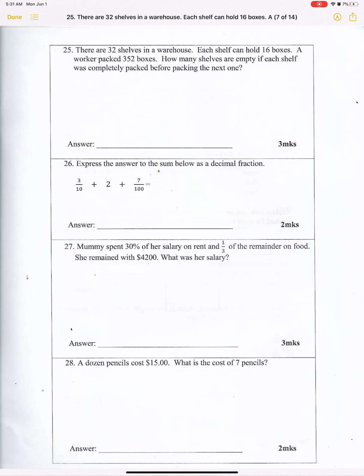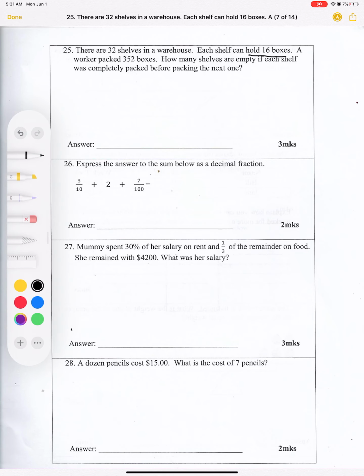So each shelf can hold 16 boxes, and the worker packed 352 boxes. So we're dividing 352 by 16. 16 into 35, 2. 2 16s are 32. 35 take away 32, 3.